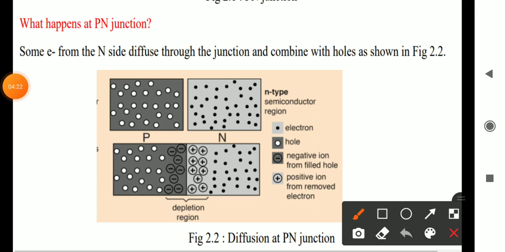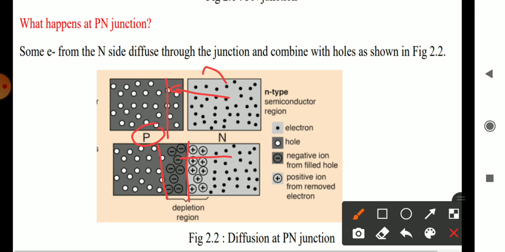Whatever electrons are present in the N side diffuse through the junction and combine with the holes in the P-type. When these electrons diffuse through the junction and combine with the holes, negative ions are formed in the P region.